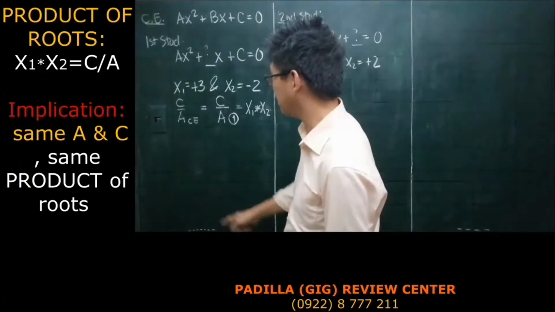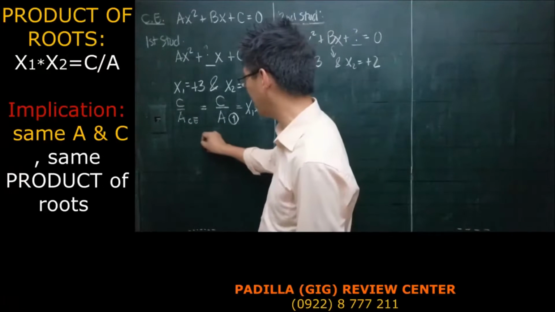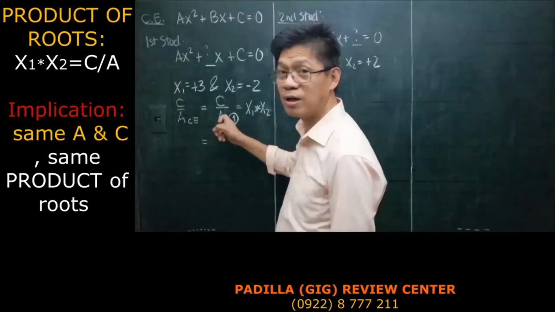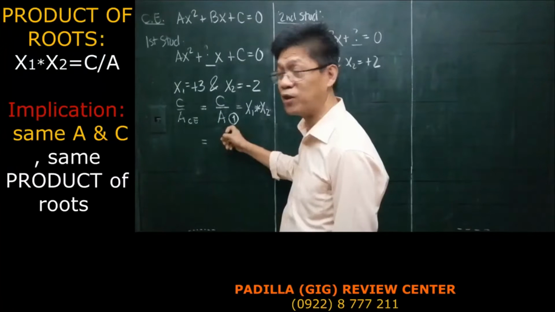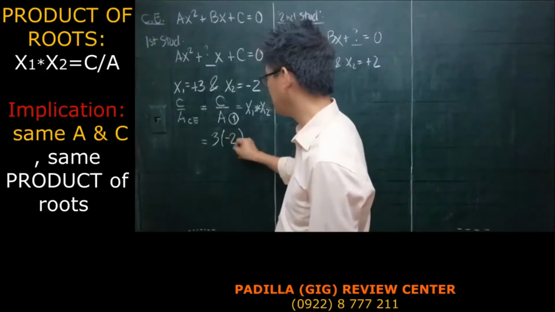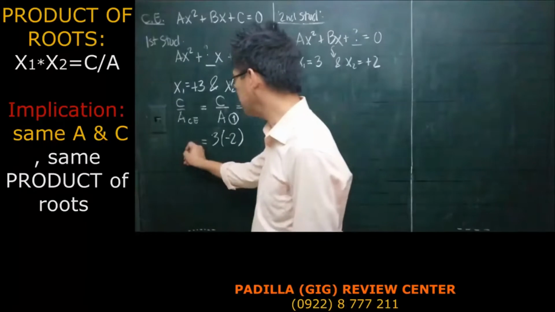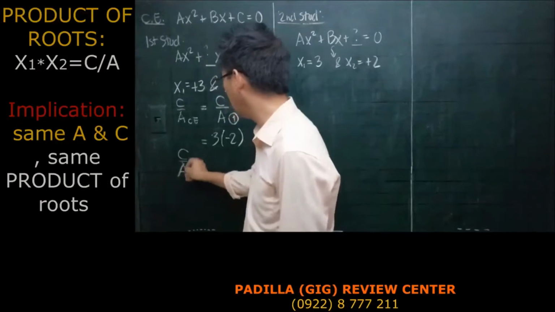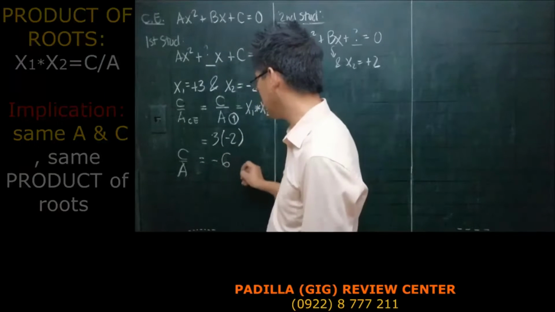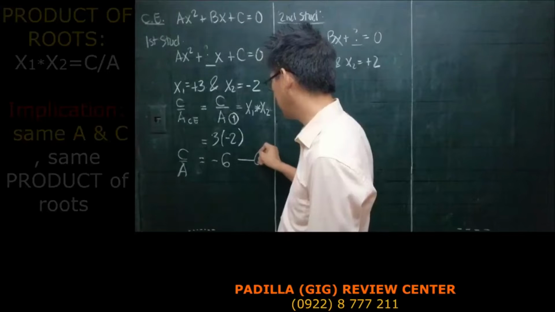So we say here that C over A of the correct equation is also x1 times x2 of the equation of the first student, which is 3 times negative 2. So we say now that C over A of this correct equation must be equal to minus 6. Let me call this equation 1.